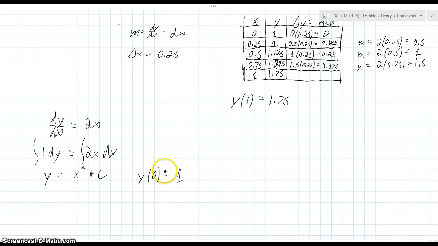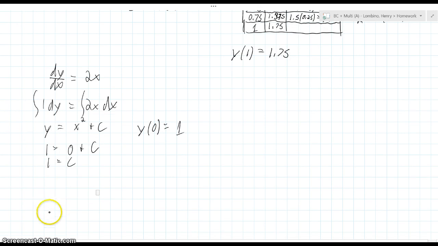So we're going to plug those in. We're going to do 1 equals 0 plus c. So 1 equals c. So the actual equation for this is y equals x squared plus 1.